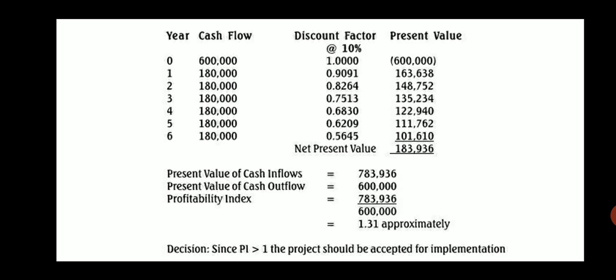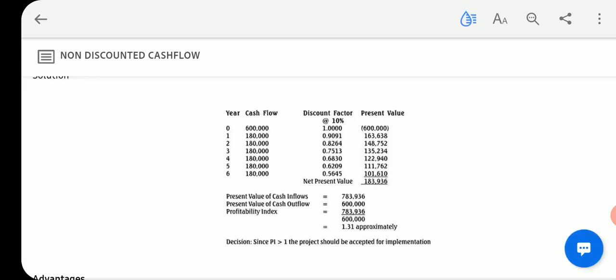And since we used method 2 and our answer is 0.31, I told you in method 2, as long as your answer is positive, you accept the project. But if it was method 1, which is using just the present value of cash inflow, as they did here, they calculated just the present value of cash inflow over the present value of cash outflow. That is why they got 1.31. And when they got 1.31, because it is greater than 1 and positive, they accept the project. So whichever method they are using, you will still arrive at the same conclusion.